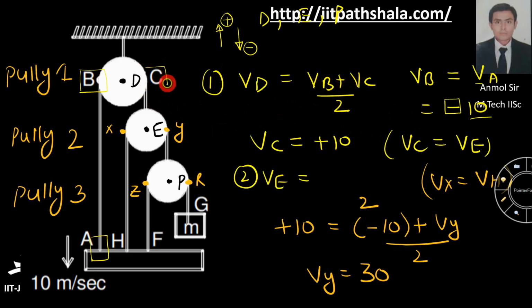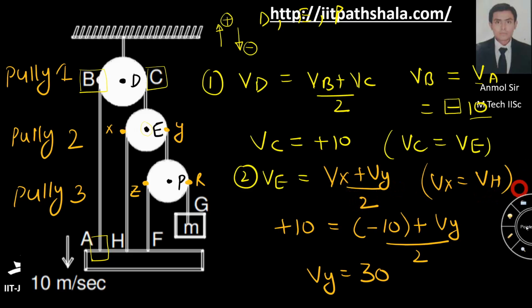Point C will carry the same velocity as point E, because both of them are on the same string. As you can see, the velocity of pulley 2 will be decided by point E only. So I can write that the velocity of point E should be equal to point X plus point Y upon 2.